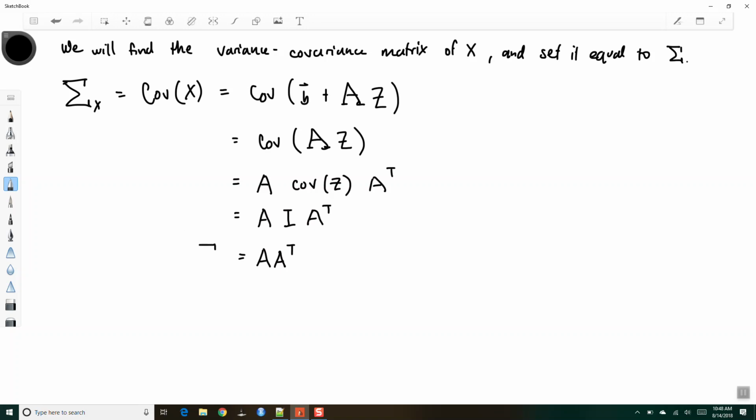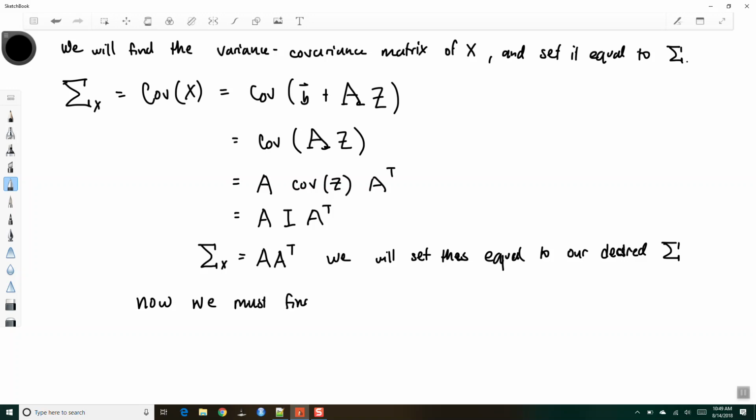Okay, so we have sigma sub X equal to AA transpose, and we will set this equal to our desired matrix, and now we must find A so that AA transpose is equal to our sigma here.